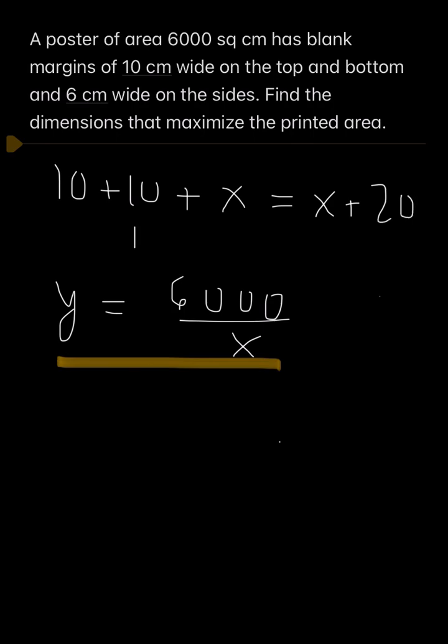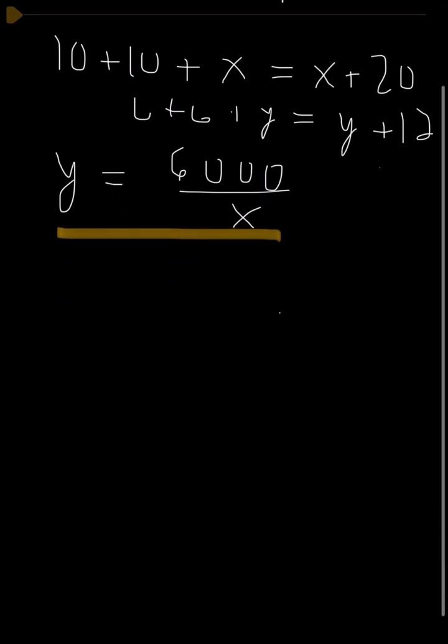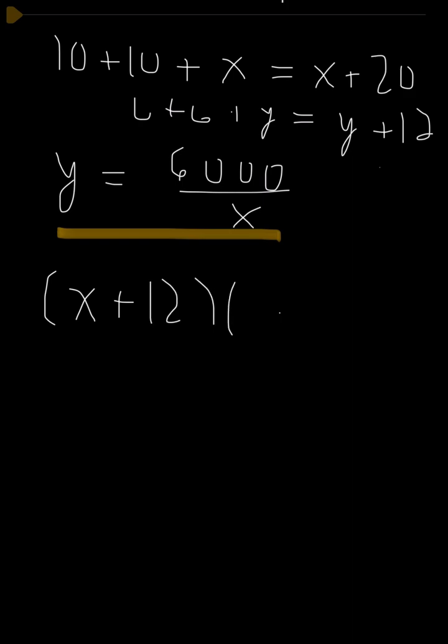And then in this case, it's 6 plus 6 for y, for our actual printed dimension of y. So that's y plus 12. So our total area is actually going to be x plus 20 times y plus 12 equals 6,000.